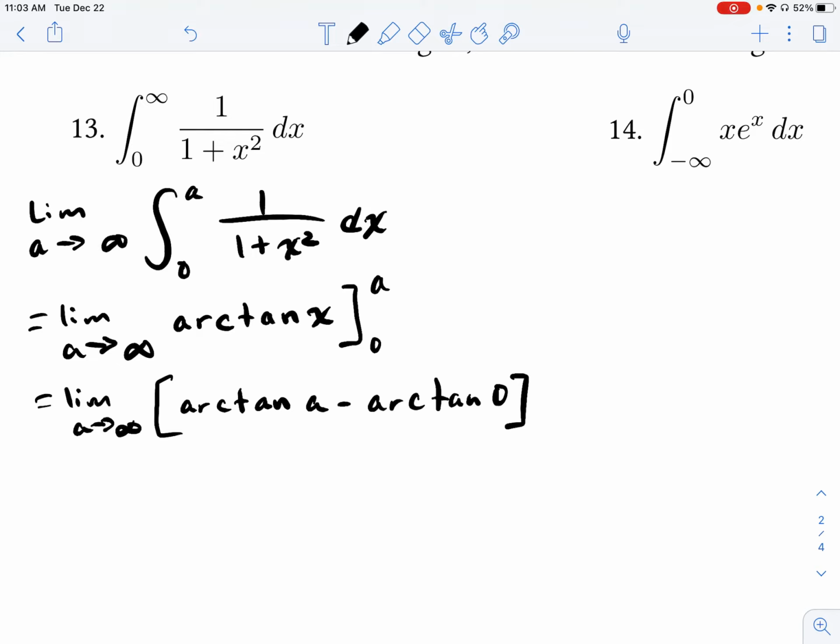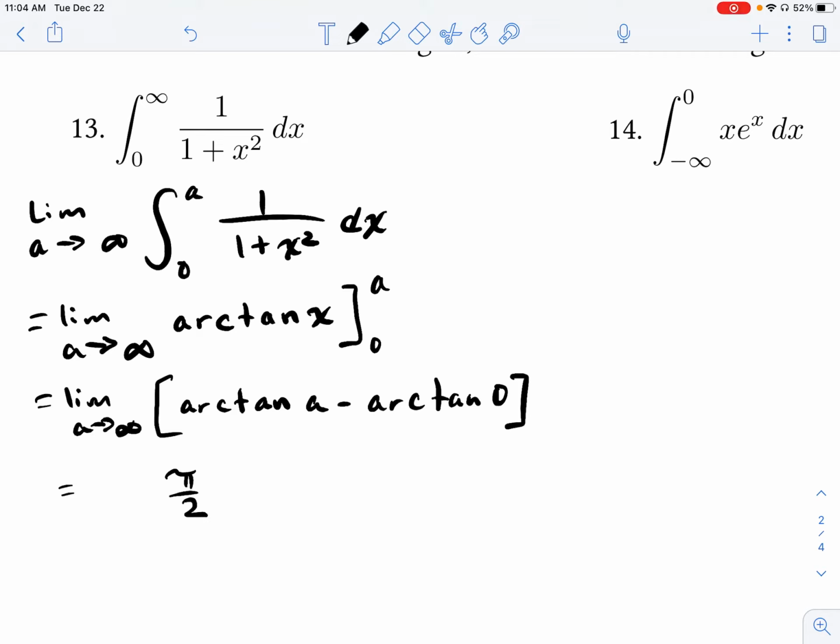Well, what is the limit of arctangent of a as a approaches infinity? You may need to think a little bit about the tangent function here. We're effectively just asking ourselves, at what angle would tangent approach infinity? Well, that would be pi over 2. And the arctangent of 0 is just going to be 0.